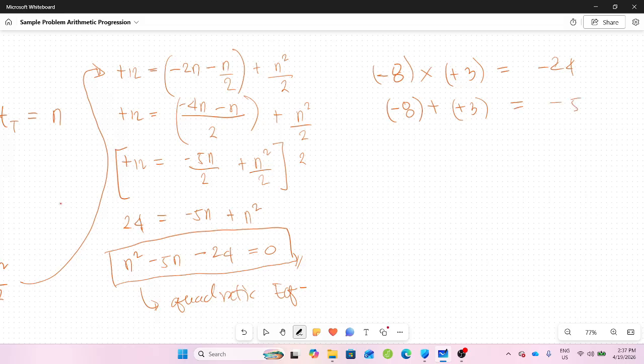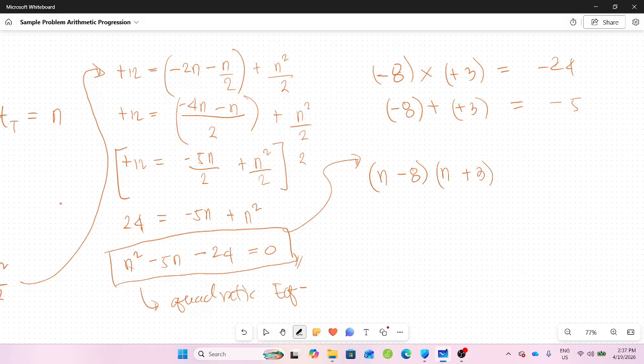So the factors of this are n minus 8 and n plus 3. You could check this one and it should return to this one.